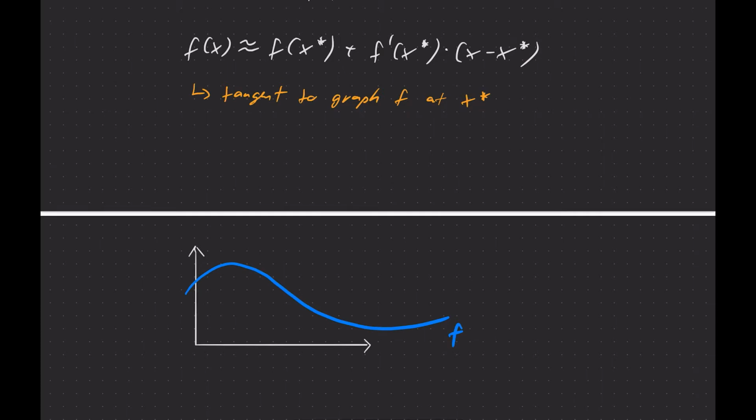Choose a point, x star, anywhere, let's say here. So that's our x star. Then this point here is f of x star. And what we do with the approximation is basically we are approximating the function by a tangent through that point here. So that's our approximation. Okay, that is this tangent.